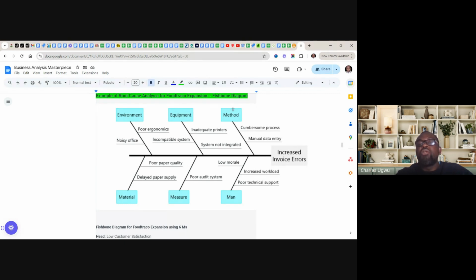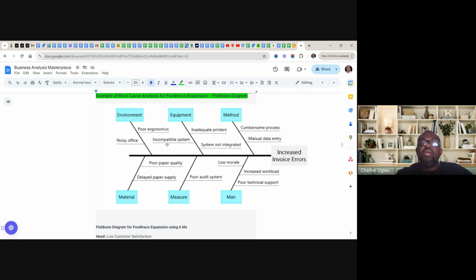We've captured what could be the potential causes of increased error under these two main causes called method and man. Then we have equipment. Equipment is also called machine. Under this equipment or machine, number one is inadequate printer.